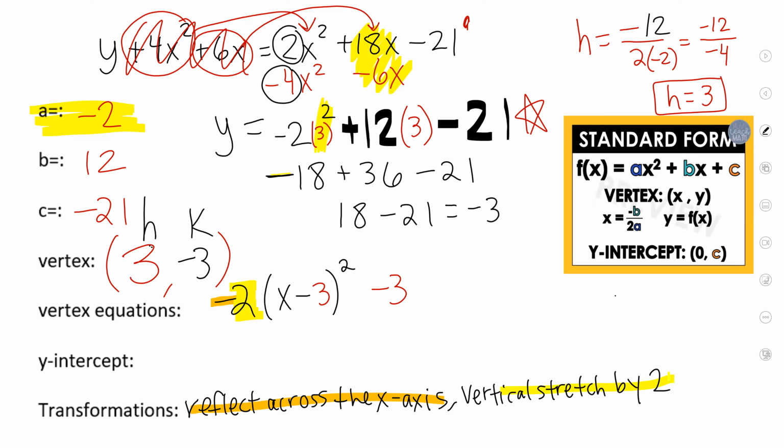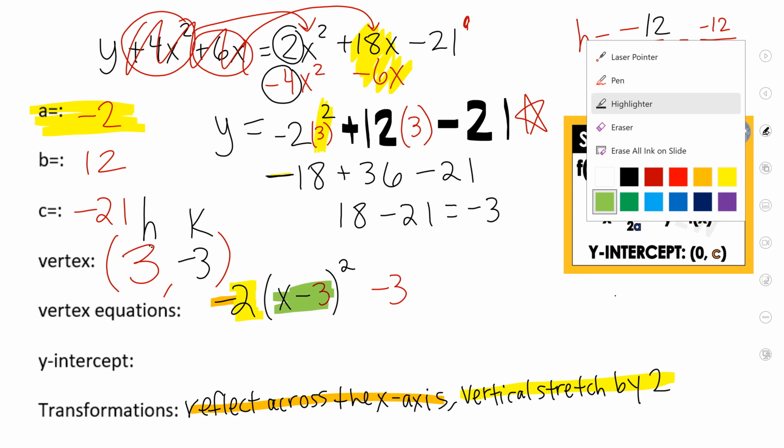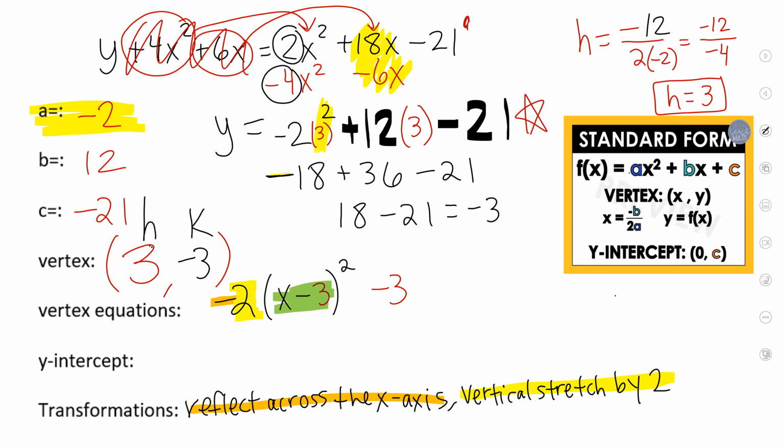So that goes with the 2. Okay, the next part. What does this minus 3 in here, x minus 3, what does that do? To the right 3. So that'll be right 3, and it goes down 3.